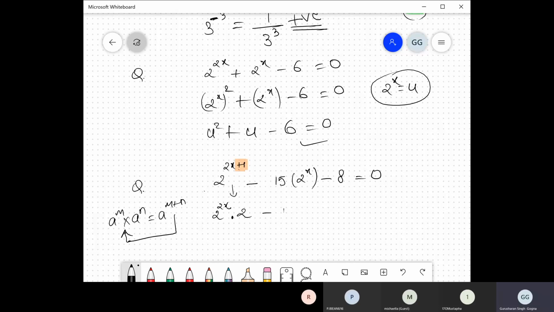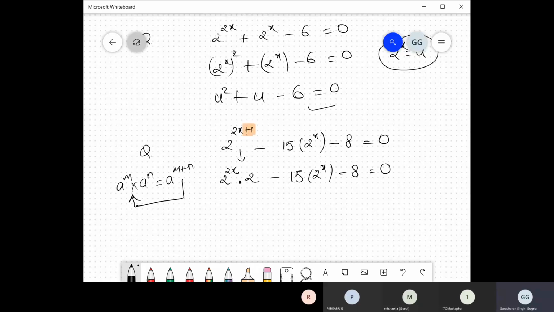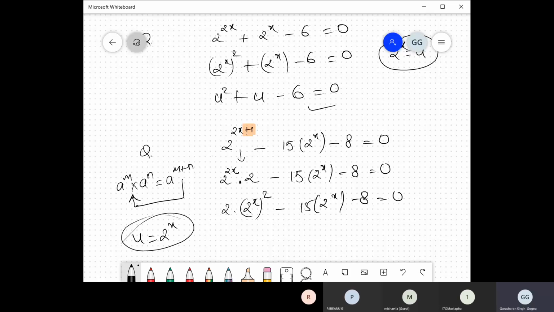So in this way, I can now write this as 2 times (2 to the power x) squared, and this will turn into a proper quadratic when you say u is 2 to the power x.